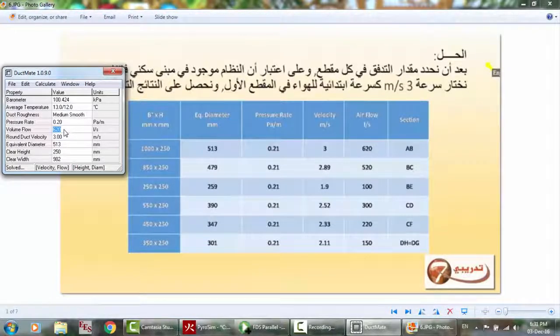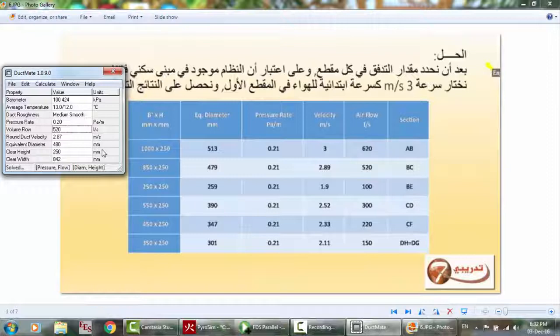Okay, and this is 0.2. Remember that. And here the round velocity. Okay, it's okay. And here the equivalent diameter. It's okay. And here is 250, and here is 842. So it's okay. The larger, it's according to our available products in the market.